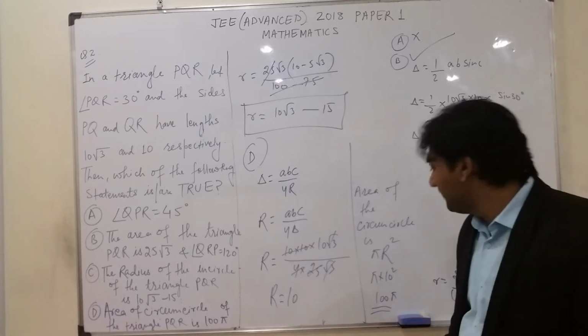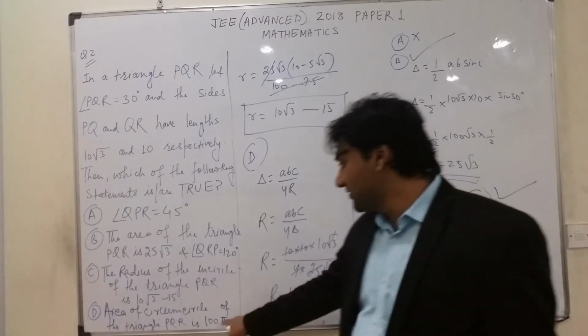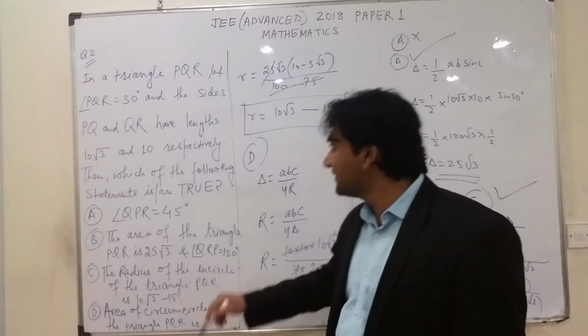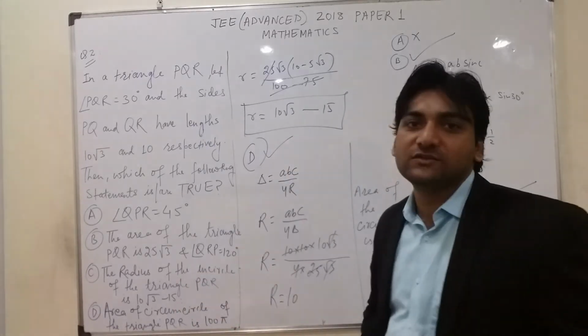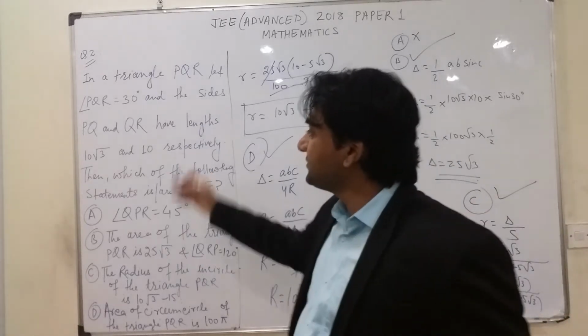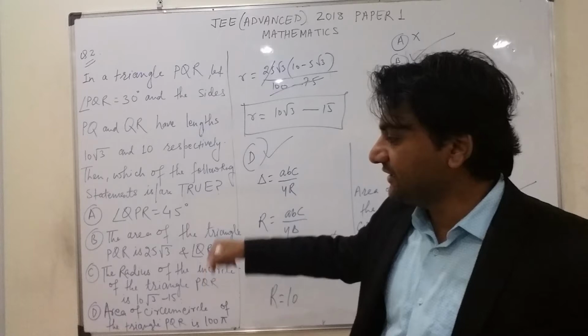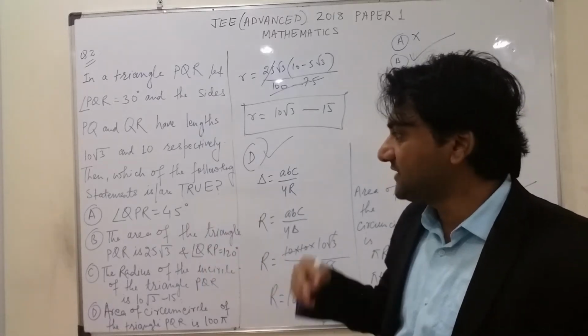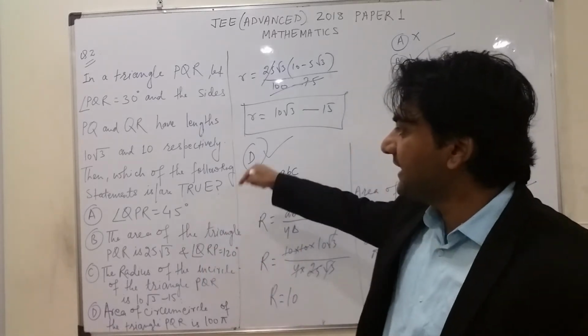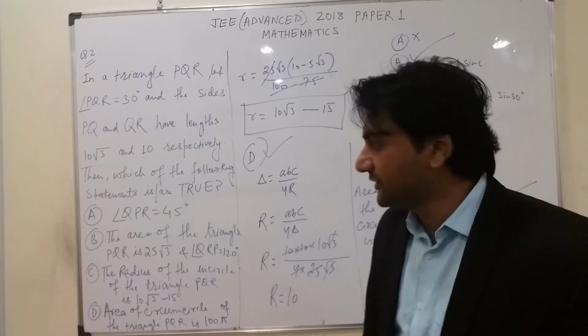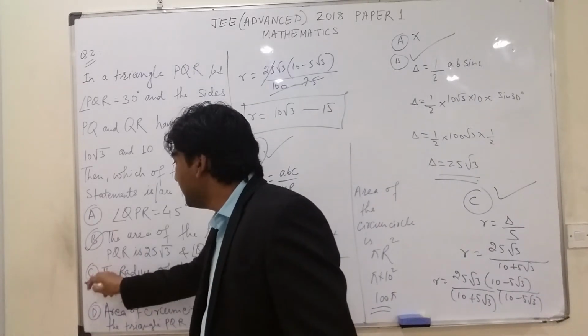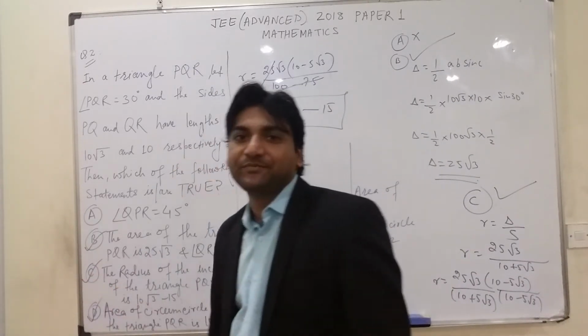So we got the area of the circumcircle is 100 pi, and that is also given as 100 pi. It means option D is also right. So in this question, option A is wrong, and options B, C, and D, these three options are right, and this time we have to select the true options. It means we will select B, C, and D.